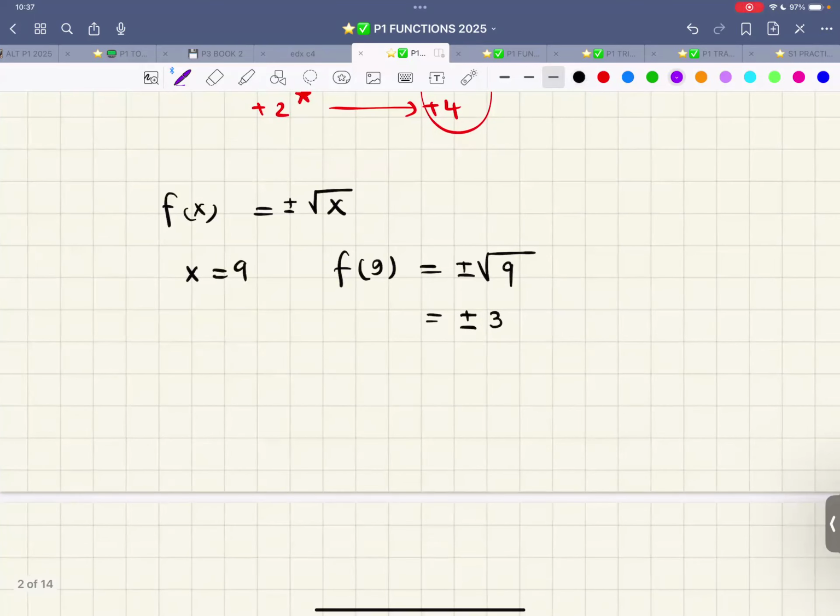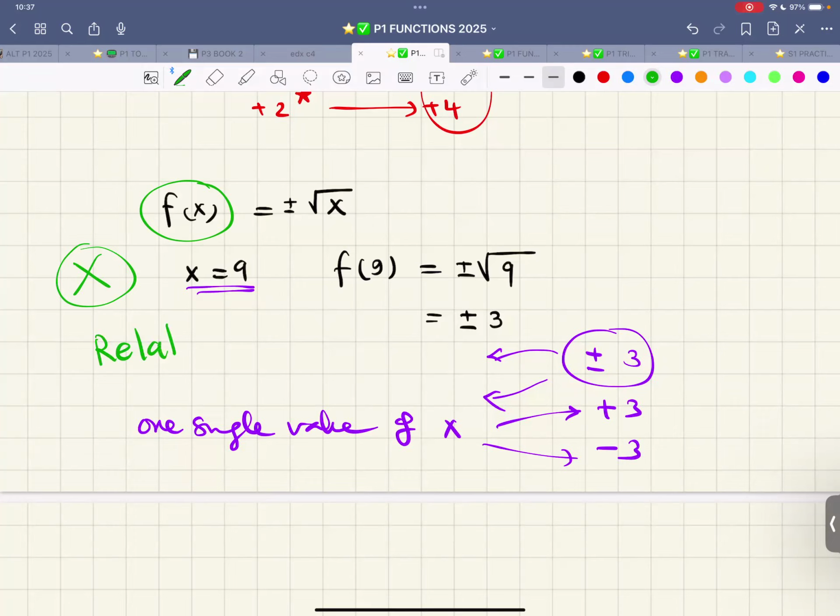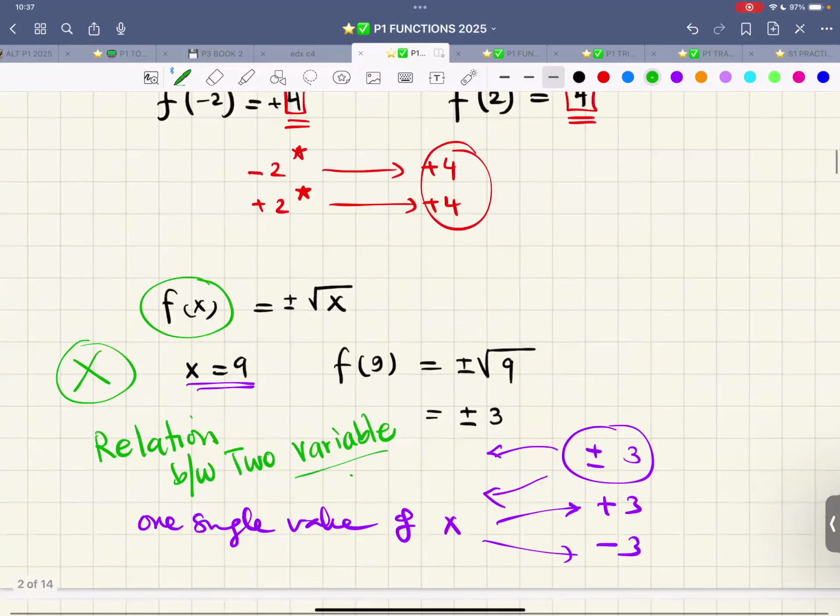That means one single value of x is giving me two different values of the function. So even though it's written as a function, it's not a function, it's simply a relation between two variables. That is the theoretical definition of a function.